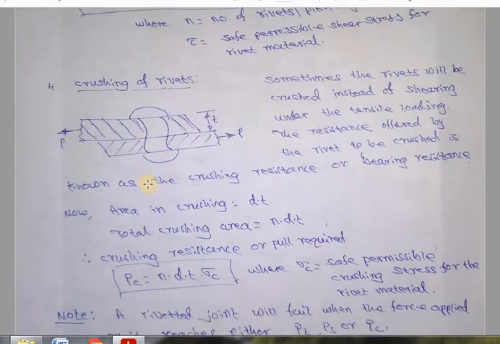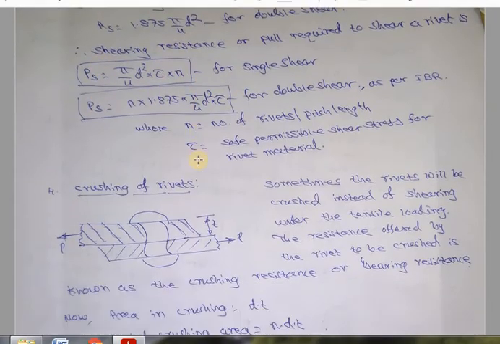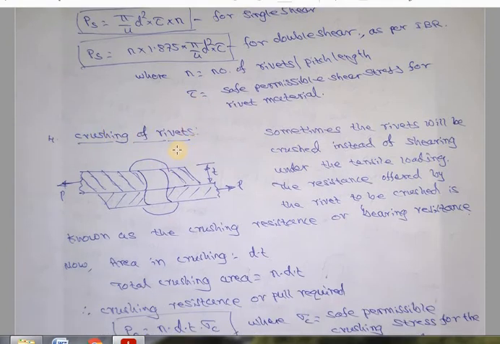Then crushing of rivets. I have the last one. This is shearing of rivets, associated with the rivet. Crushing is also associated with the rivet. Suppose the rivets are strong in shear and do not fail; they may crush within the plate. So if the thickness of the plate is T, the rivet is going to get crushed in this manner along the direction of the force on the plate. One is going to bend like this, another is going to bend like this in this particular bottom plate.